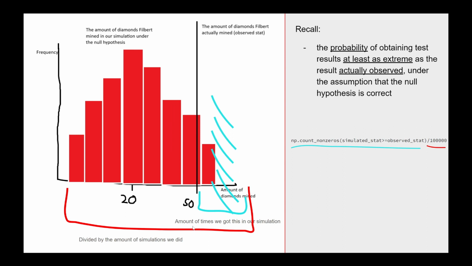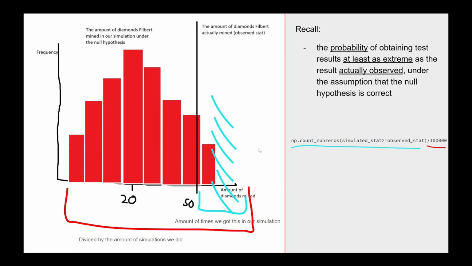So this is the amount of times we got a test result at least as extreme as the result actually observed. Now, how do we count the probability of us getting this? Well, simple. It's just the amount of simulations we did where we got more than 50 diamonds, divided by the total amount of simulations we did.